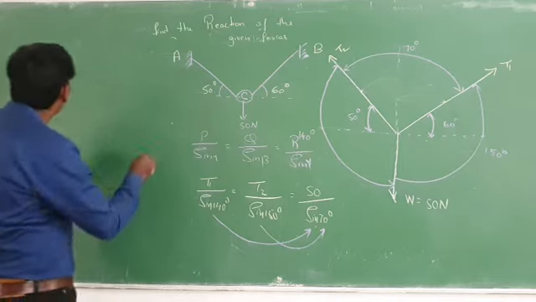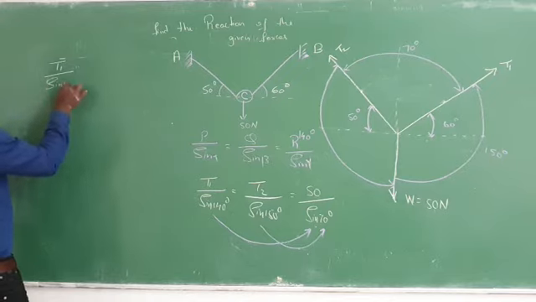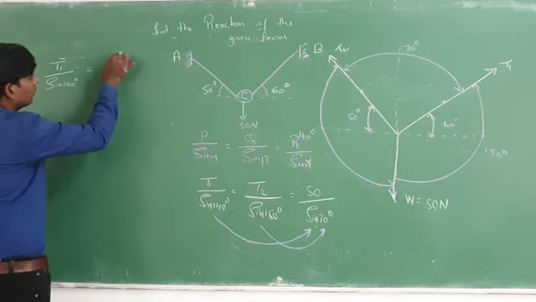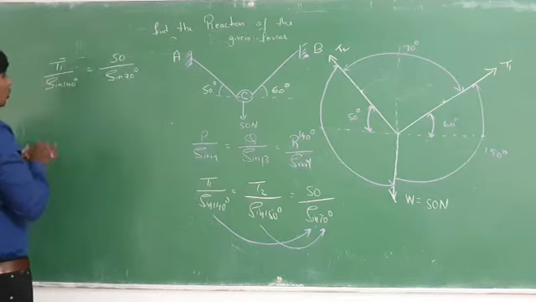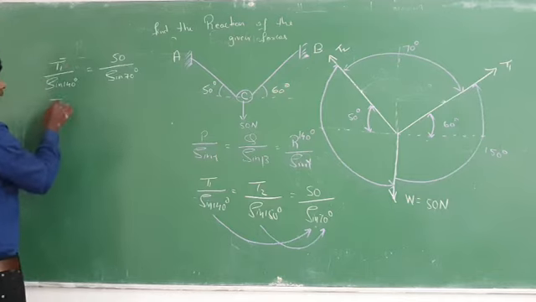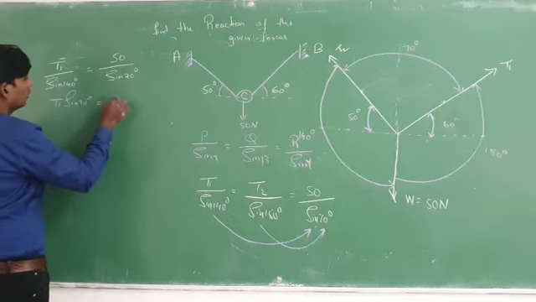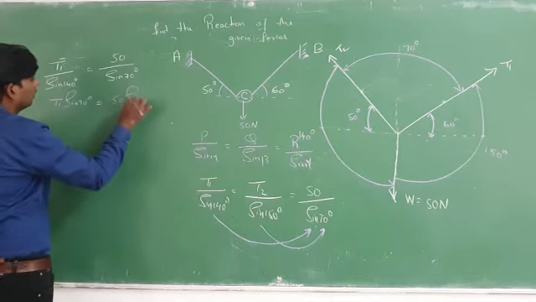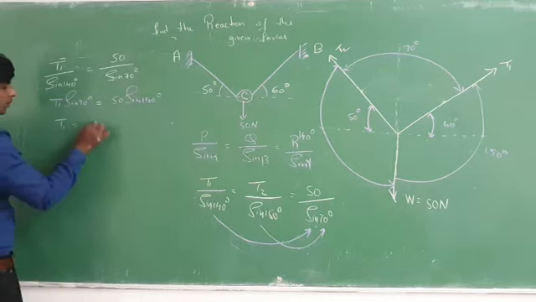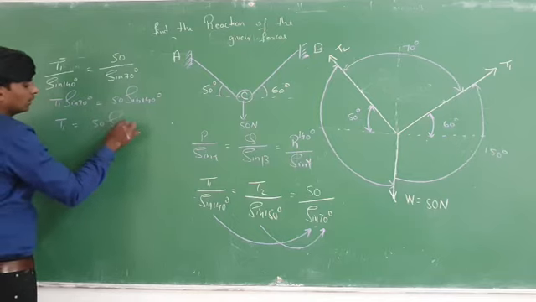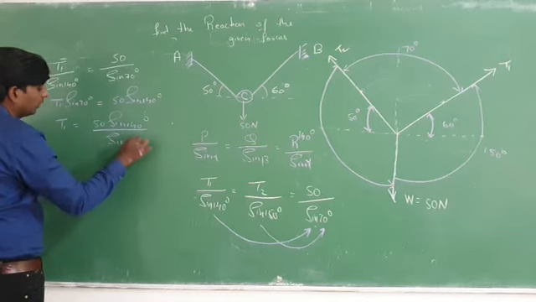So here you have to go for T1 by sin 140 degree is equal to 50 by sin 70 degree. Go for cross multiplication. T1 is equal to 50 sin 140 degree by sin 70 degree.